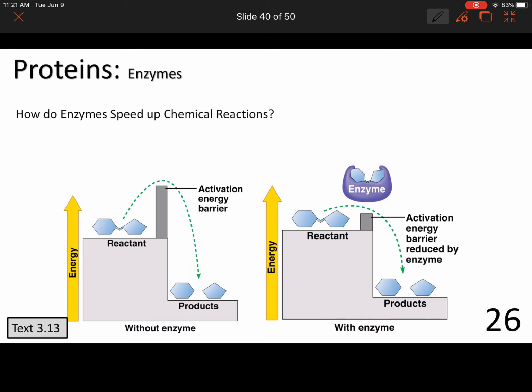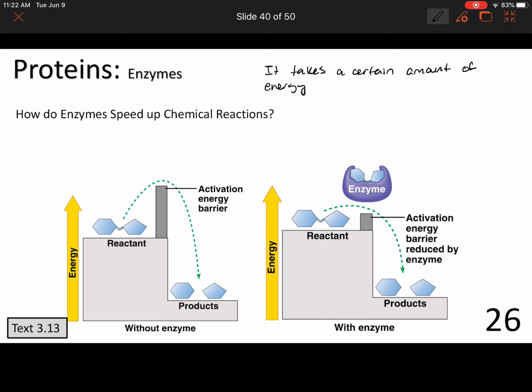How do we do this? How are enzymes capable of speeding up chemical reactions? Well, we said that a chemical reaction is when you break the bonds within certain molecules and then allow the atoms to reform into new molecules. In order for the atoms to recombine to form your products, you need to first break the bonds in the reactants.